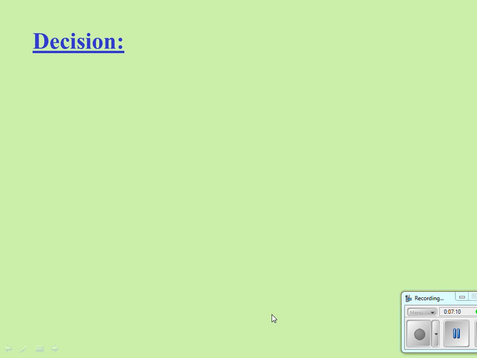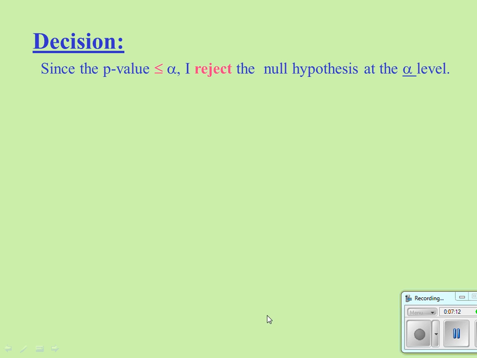Okay, so let's talk about some examples. When your p-value is less than or equal to your alpha, you reject the null hypothesis. Again, remember, there's your 5%. You're comparing with that. When your p-value is less than that 5%, you reject the null hypothesis at that same alpha level.